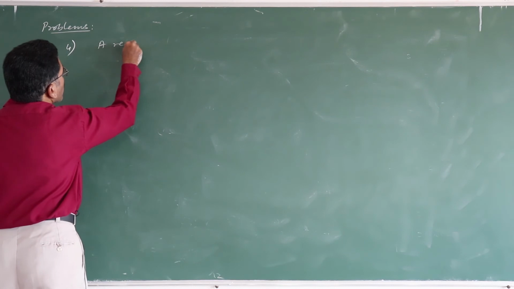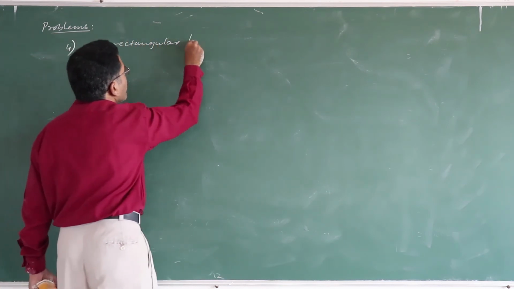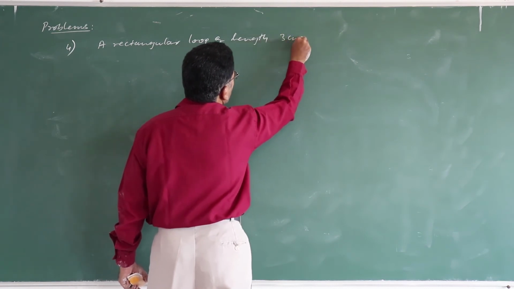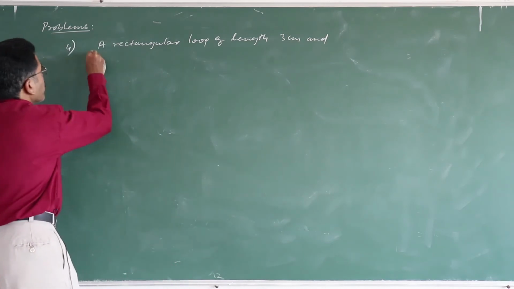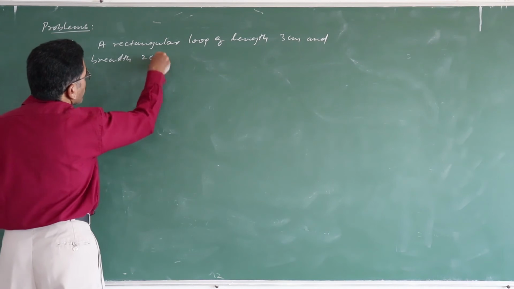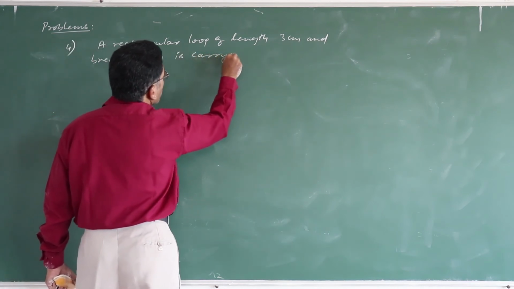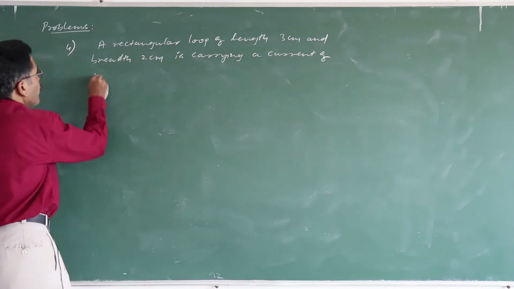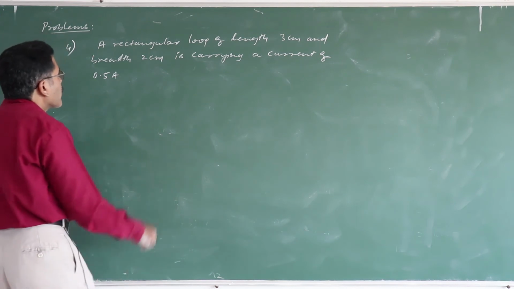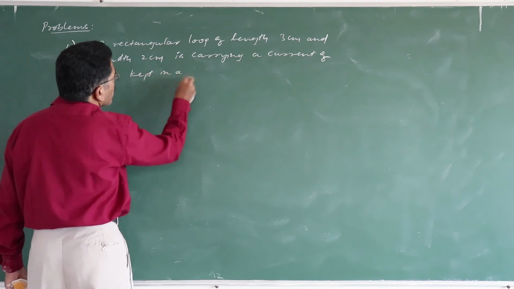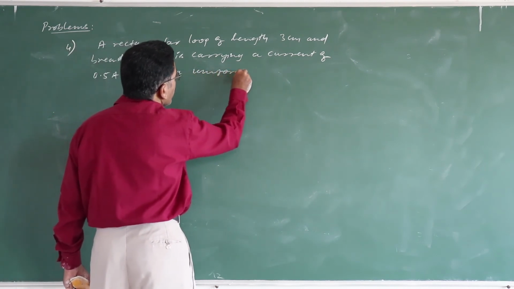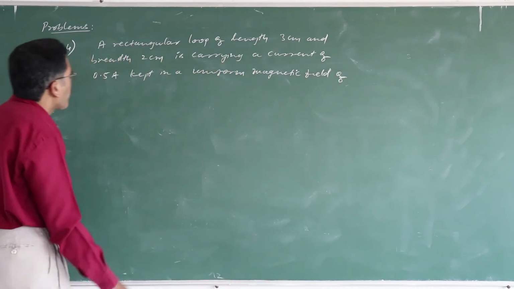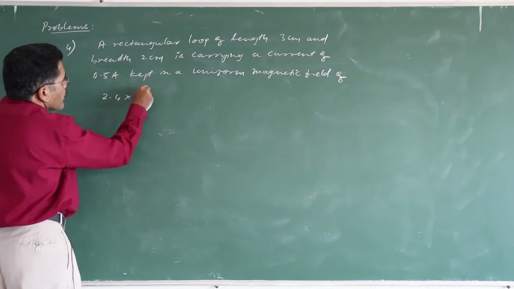A rectangular loop of length 3 centimeter and breadth 2 centimeter is carrying a current of 0.5 ampere, kept in a uniform magnetic field of 2.4 into 10 raised to minus 2 Tesla.